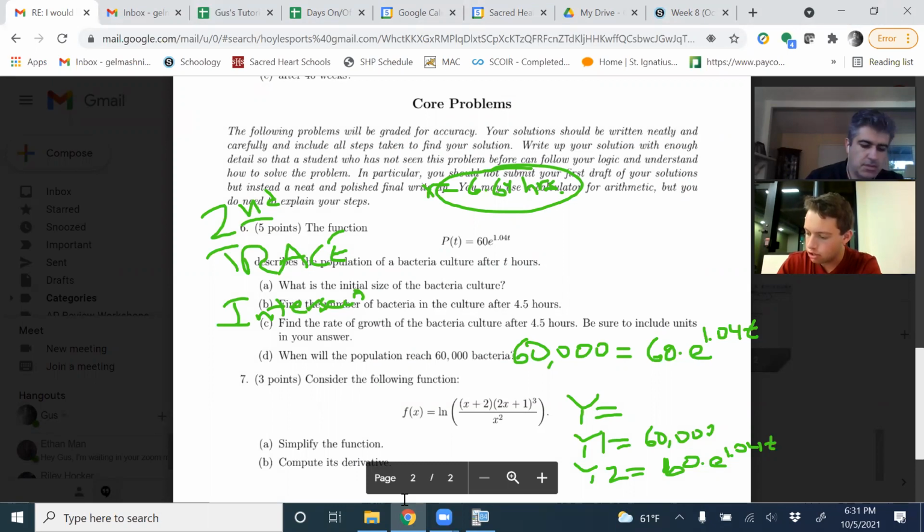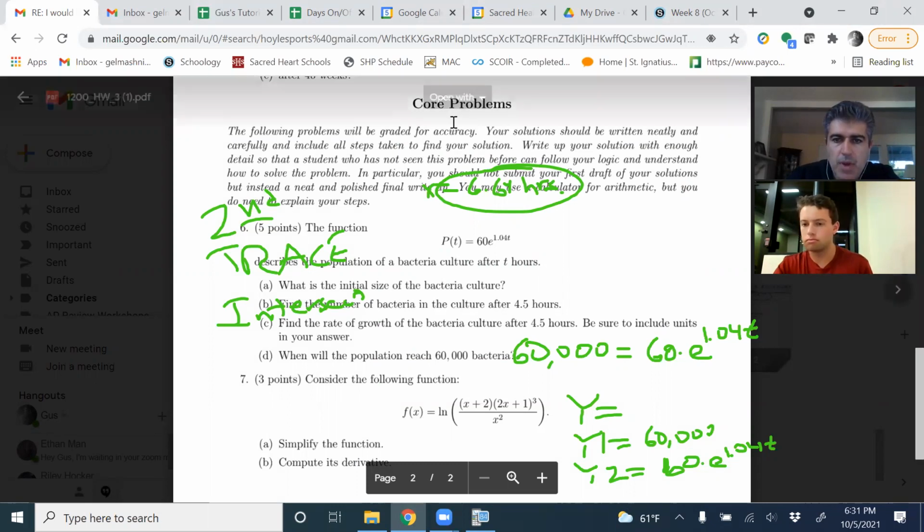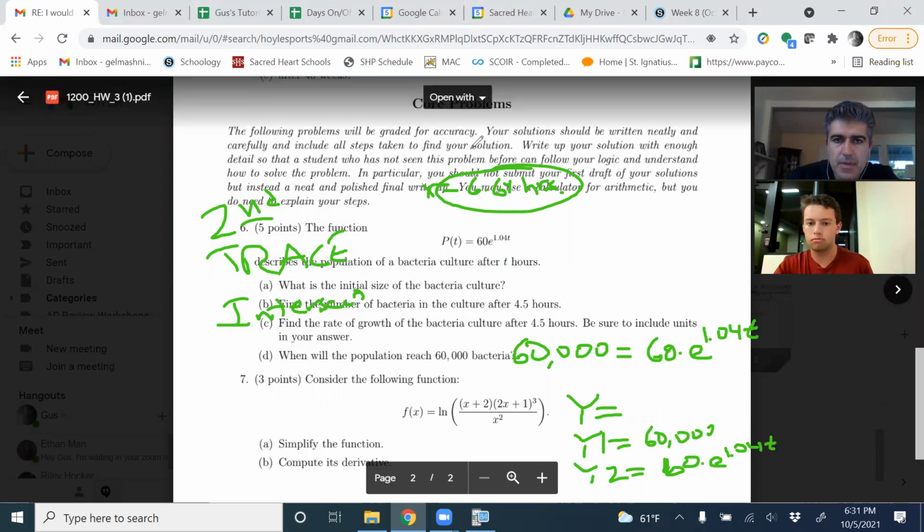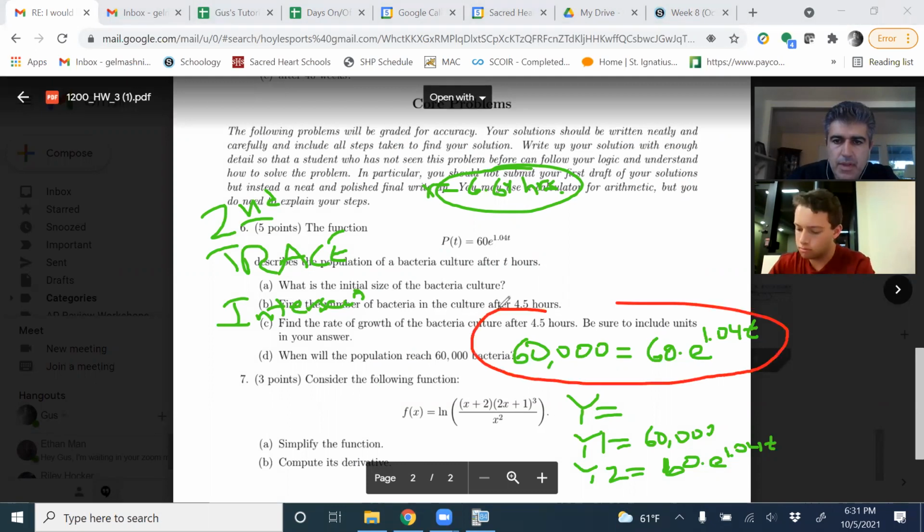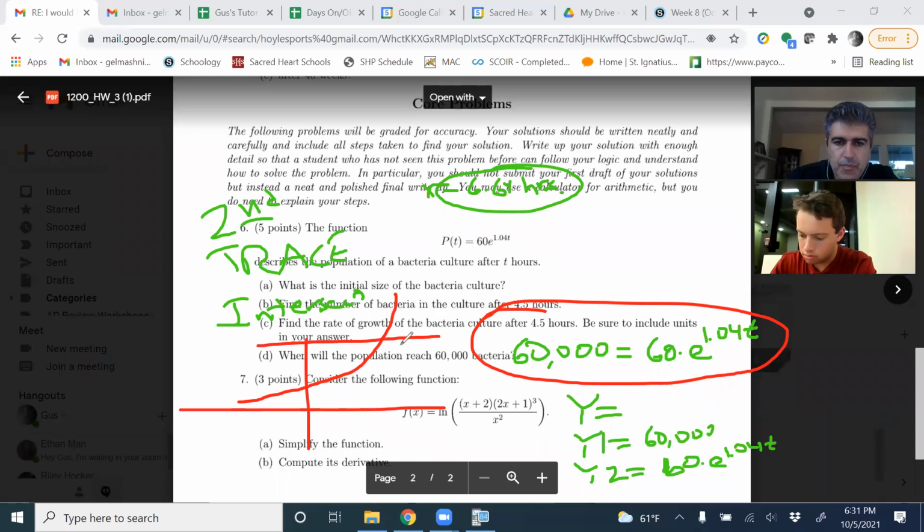And how do I show my work, I guess? I would just write this and then do a quick sketch of the graph and just show the point of intersection. That's all.